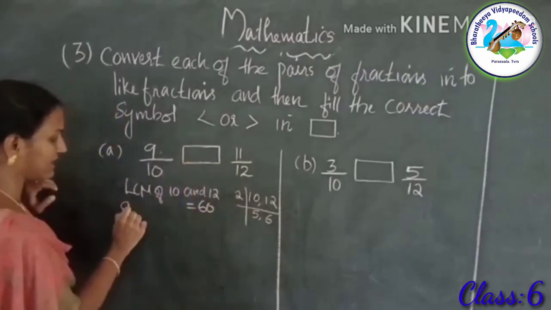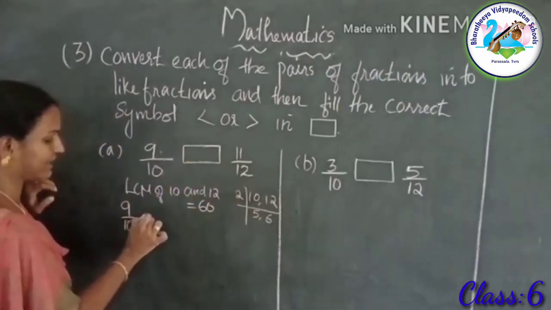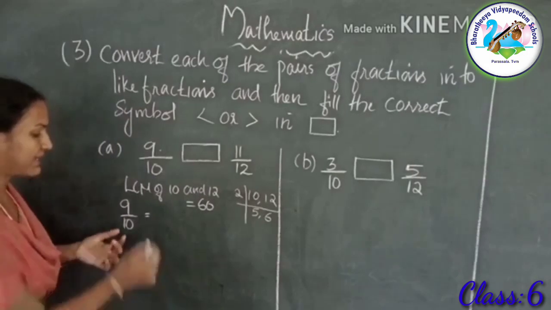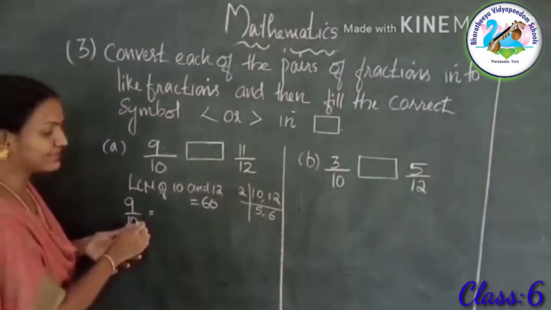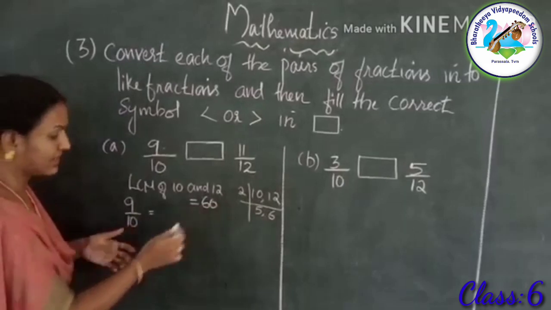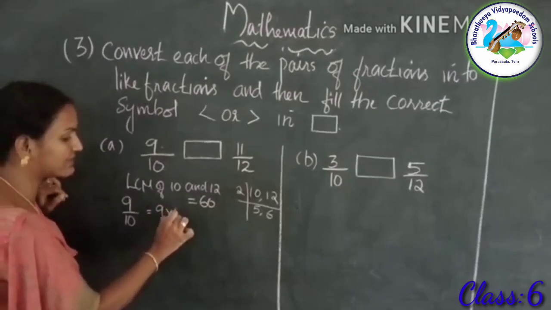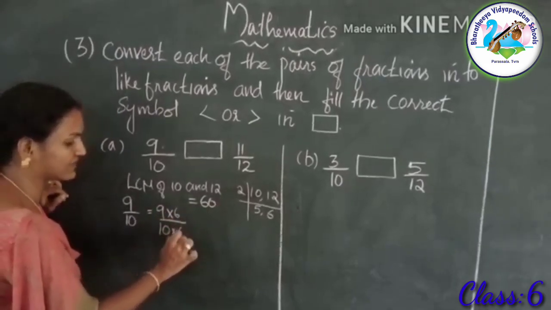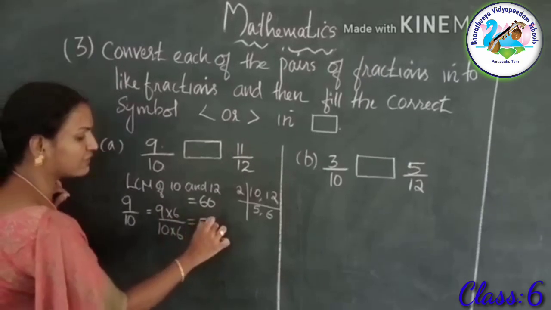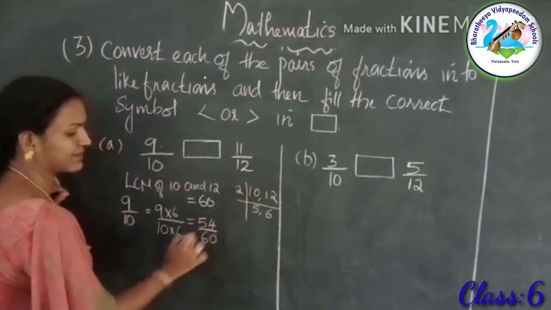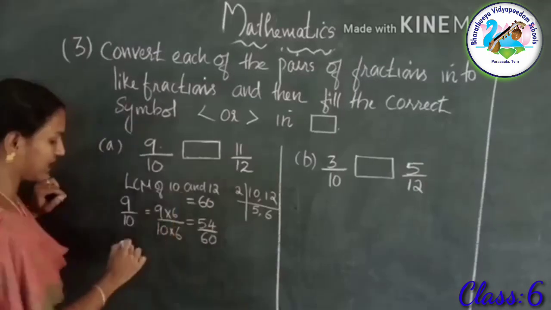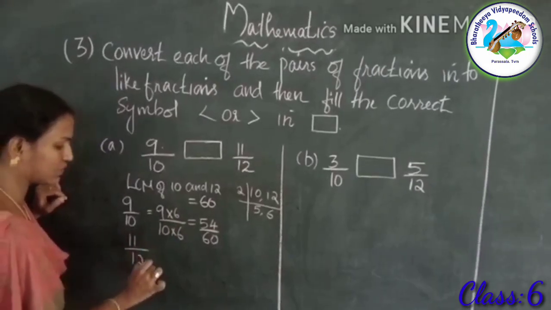The first fraction, 9 by 10. Multiply 10 with 6, we get 60. So, 9 into 6 divided by 10 into 6 is equal to 54 divided by 60. The next fraction, 11 by 12.